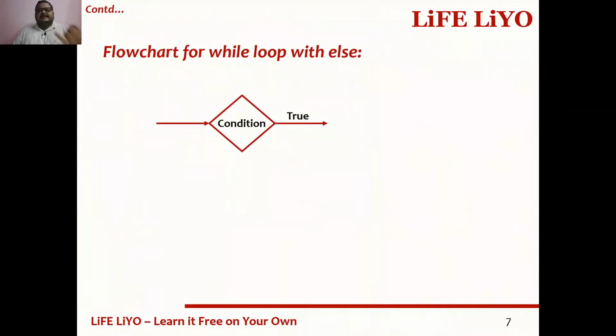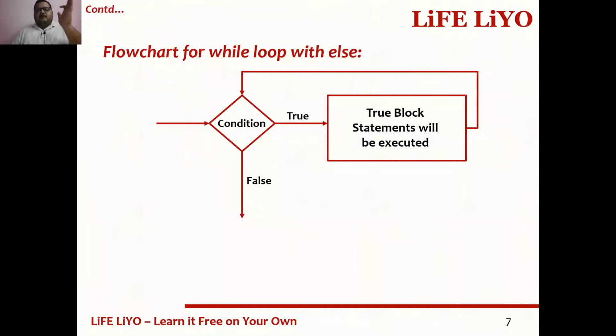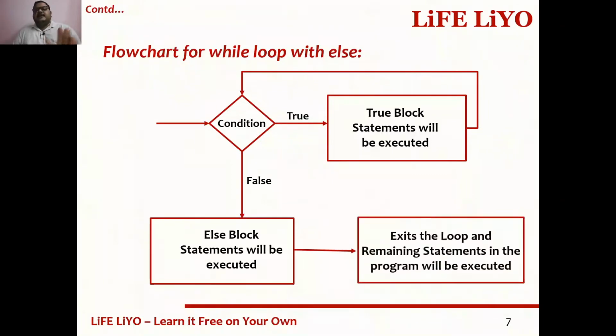If the condition is true, the true block statements will be executed. Again it checks the condition. Like this, the loop will be iterated. Whenever the condition becomes false, it will execute the else block statements. After executing the else block statements, it is going to execute the remaining statements in the program.